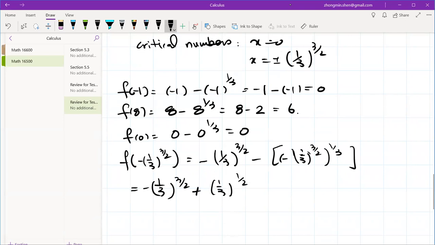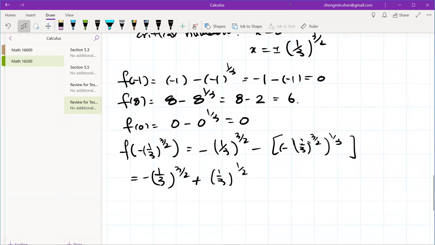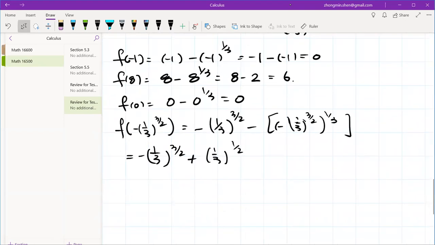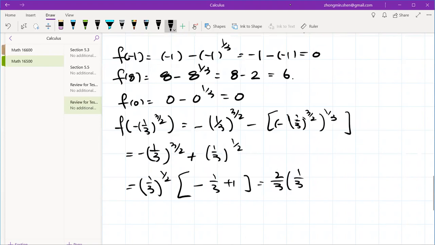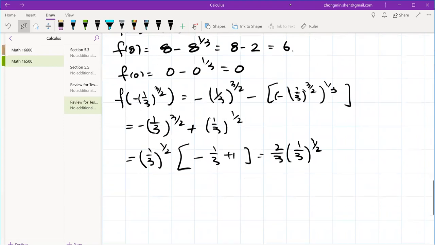So I need to take some common factor out. I take 1/3 to the 1/2 out. So I get 1/3 here plus 1, which is going to be 2/3 times 1/3 to the 1/2. How big is this number? This number is less than 1, clearly.